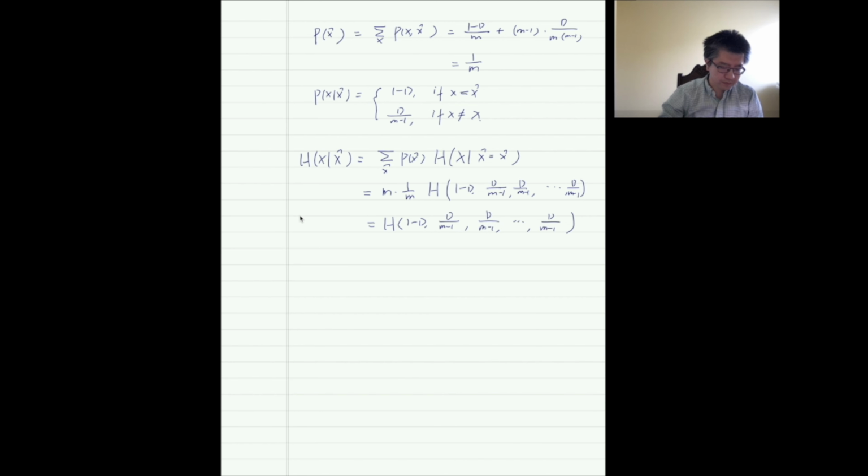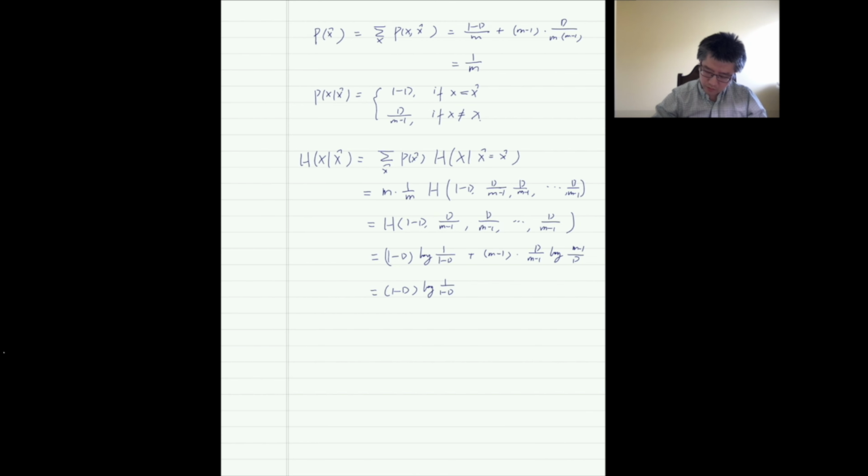Okay, very good. And we can compute this entropy, right? That is nothing but 1 minus d log 1 over 1 minus d, plus we have n minus 1 terms here of this n minus 1 over d, and this n minus 1, this n minus 1 cancelled, right?